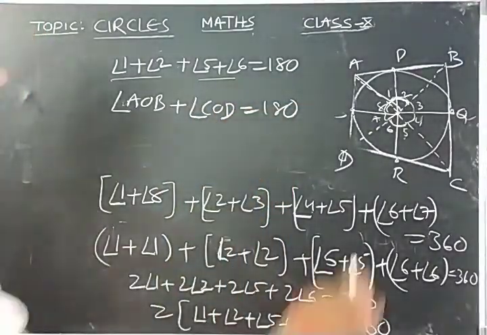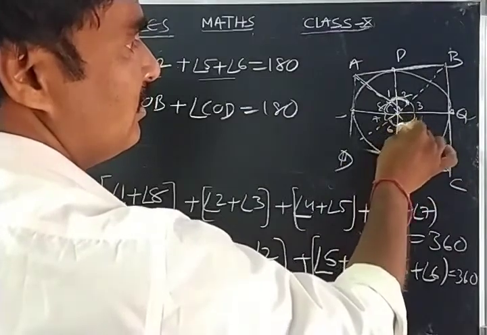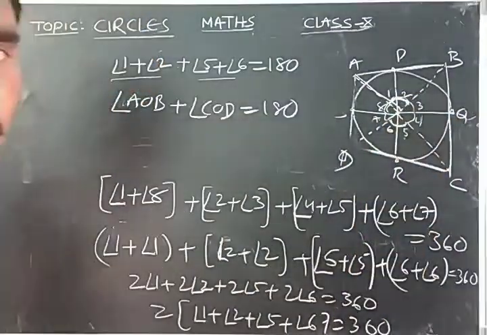From this we can conclude that the opposite sides of a quadrilateral make angles at the center that are supplementary.